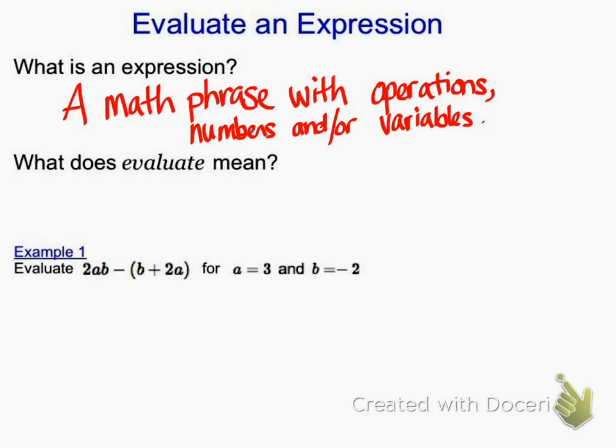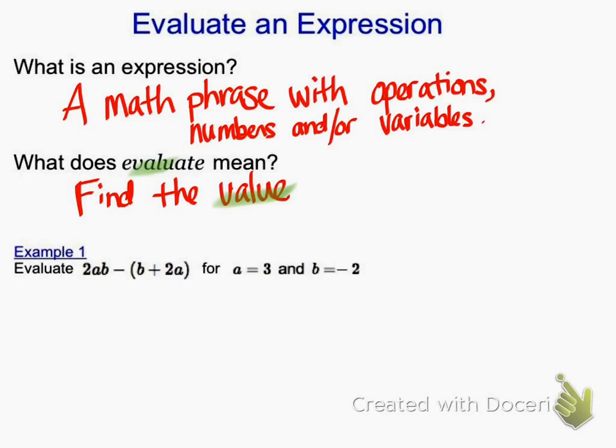So what does evaluate mean? Evaluate means to find the value. That's why we have that word value inside the word evaluate, because we're trying to find the value of a certain expression at a certain point with the certain numbers for the letters inside the expression.